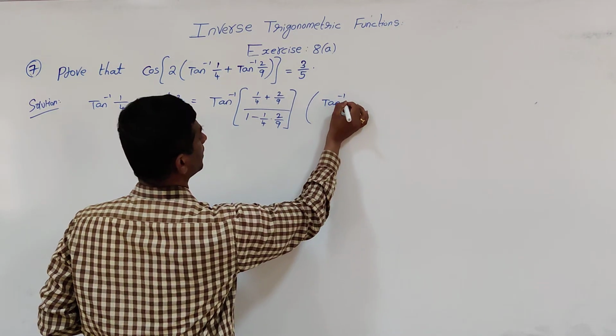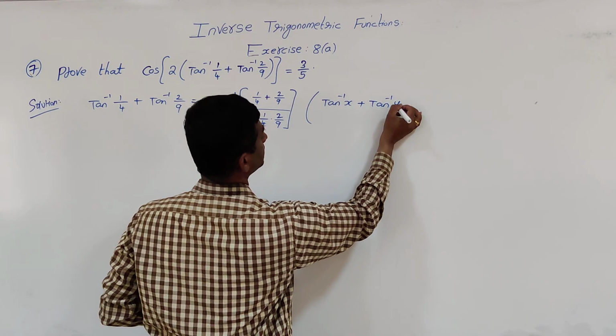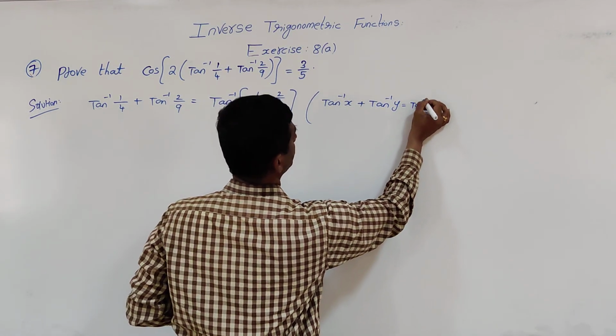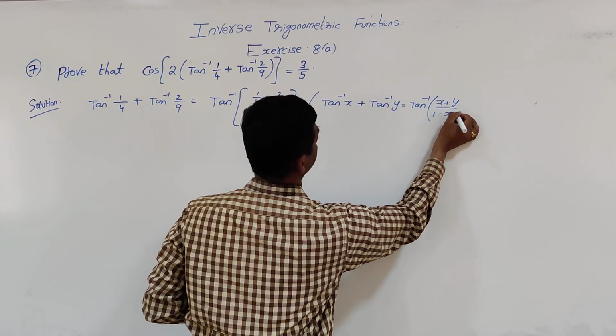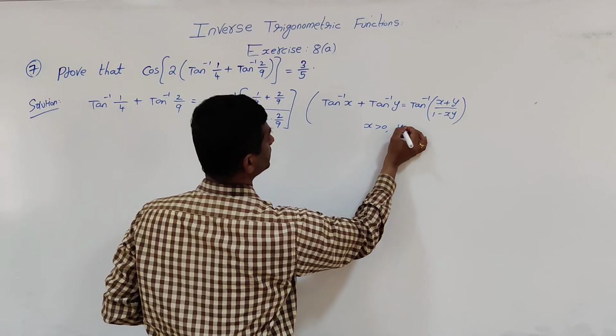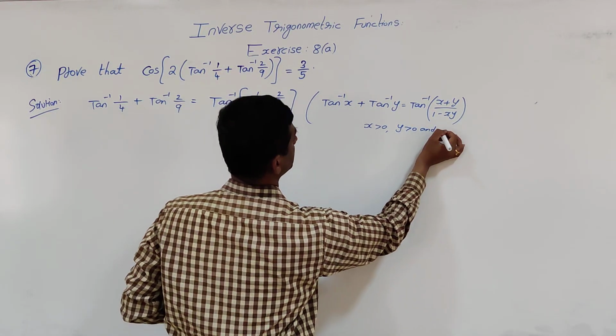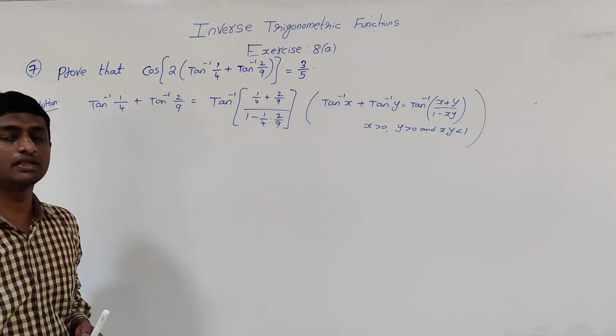The property we have applied is tan inverse of x plus tan inverse of y is equal to tan inverse of (x+y)/(1−xy), where x is positive, y is positive, and the product xy is less than 1. This is the proof we have done in the previous session.